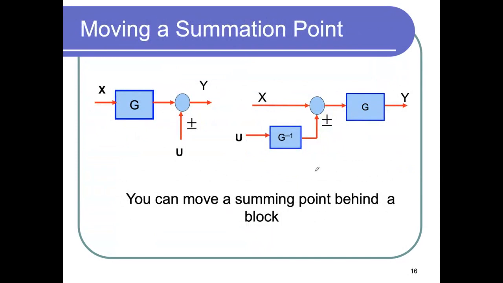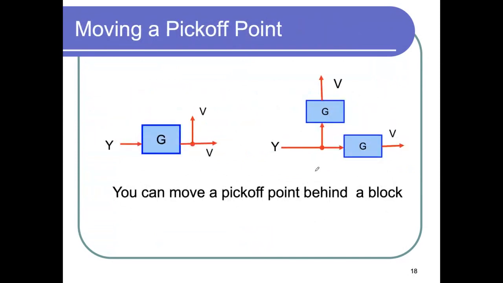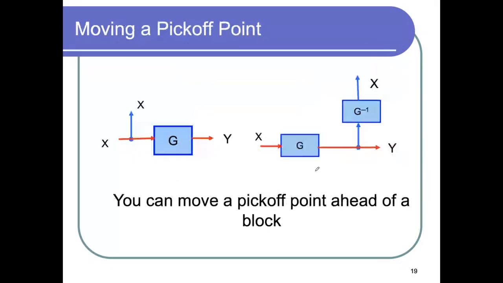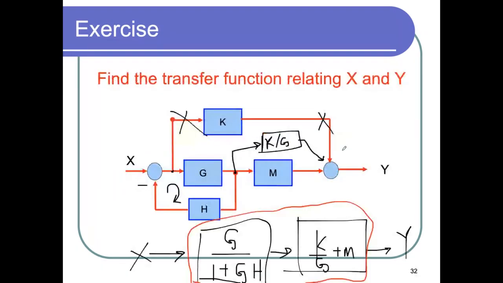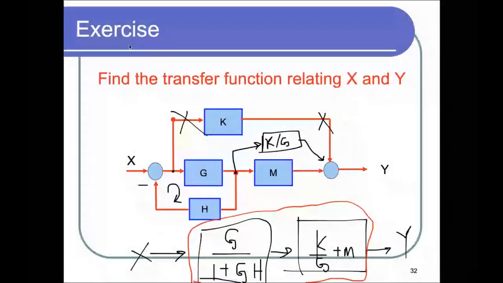You have this block representing this feedback, then another block representing this parallel combination, which in this case is K over G plus m. This is y. Then you multiply the two in order to get the corresponding transfer function.